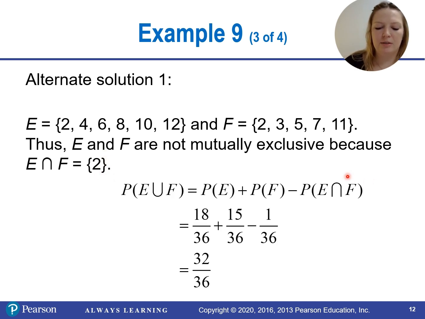So we could use our situation where we sum together the probability of rolling an even and the probability of rolling a prime, but then subtract out for having double counted the probability of getting a 2. So 18 out of 36 of getting an even, 15 out of 36 of rolling a prime, and subtracting out 1 out of 36, the probability of rolling that 2, and leaving us with 32 out of 36 again.